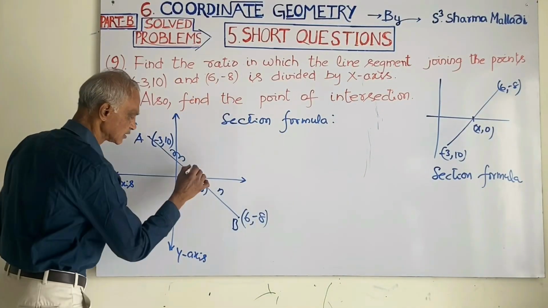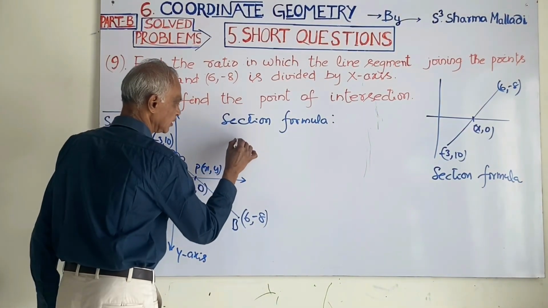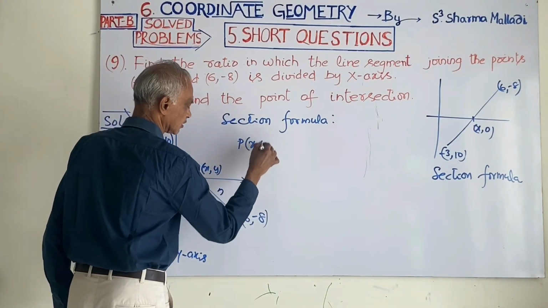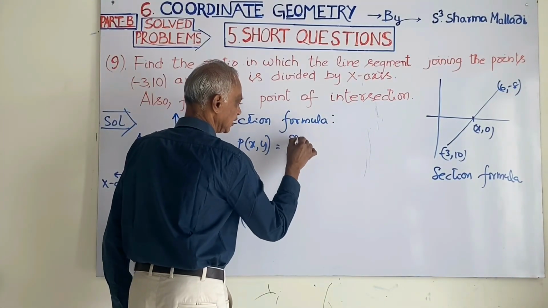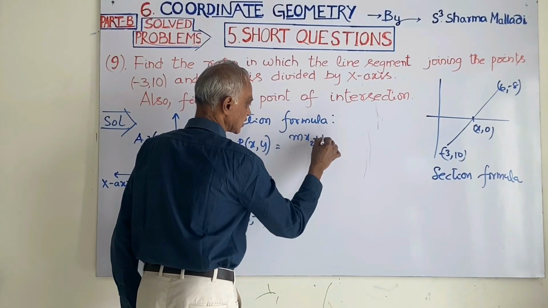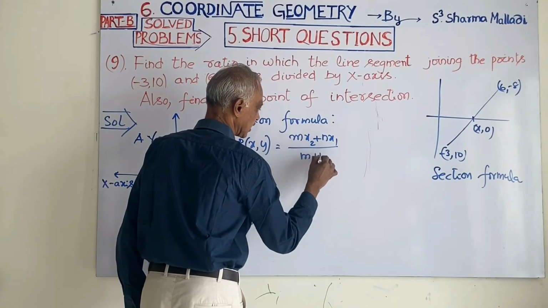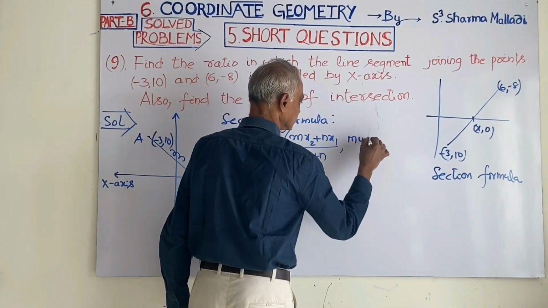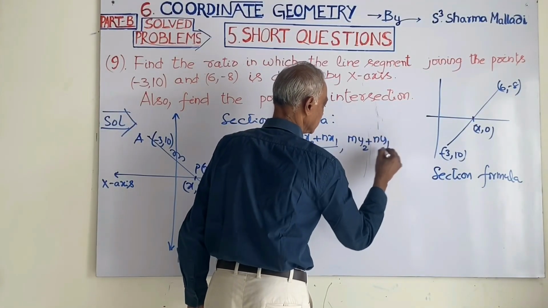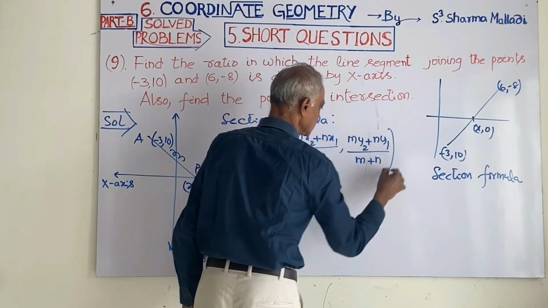You take this as P(x, y). P(x, y) is equal to, what is the formula we have? (mx2 + nx1)/(m + n), and the y coordinate will be (my2 + ny1)/(m + n). This is the formula we have.